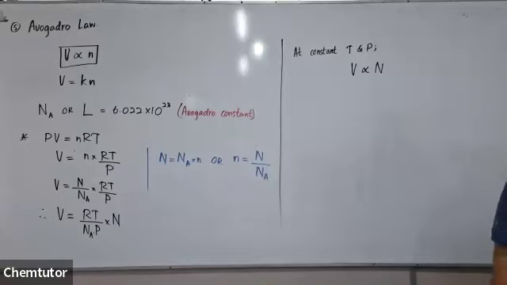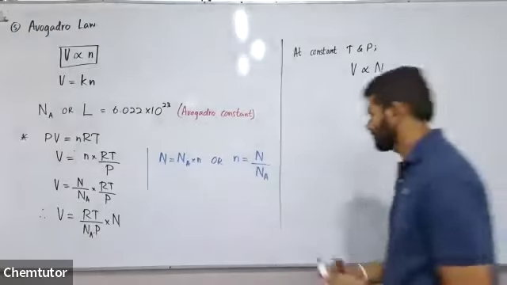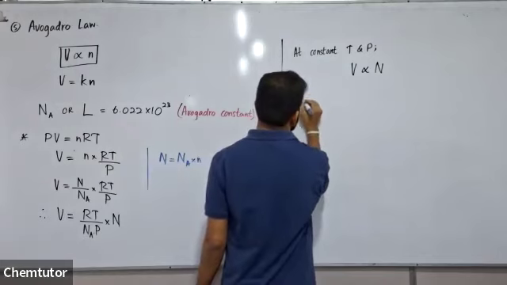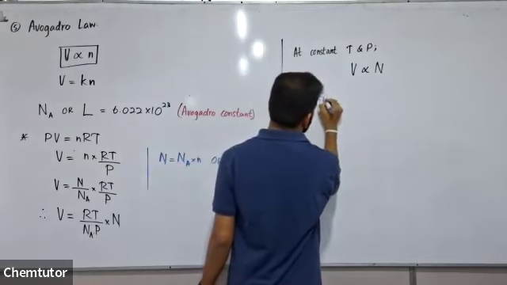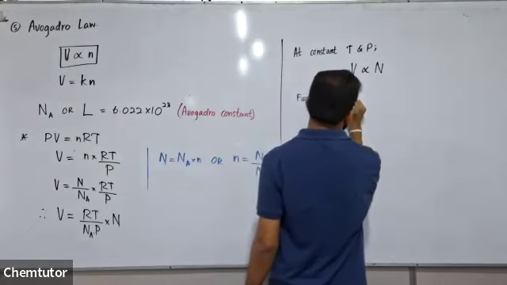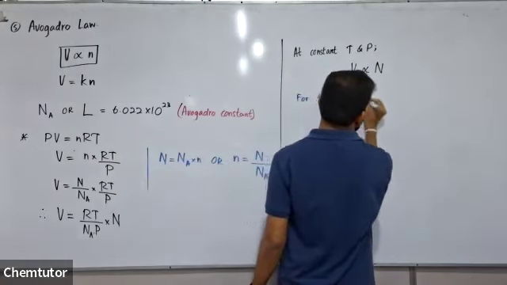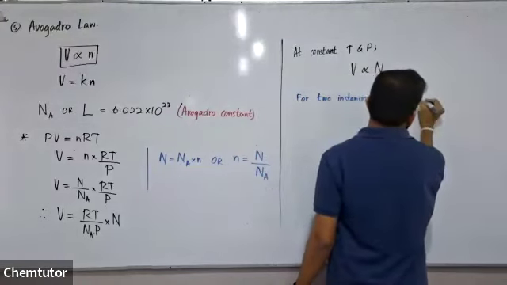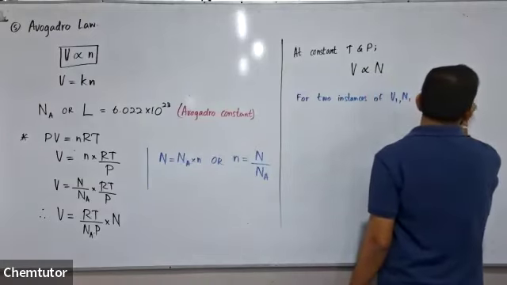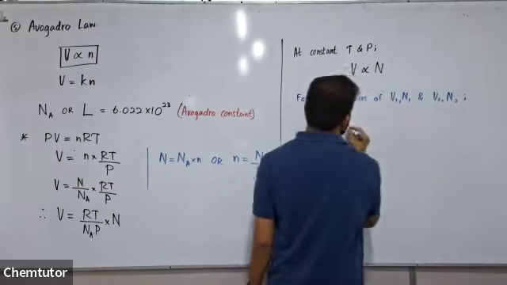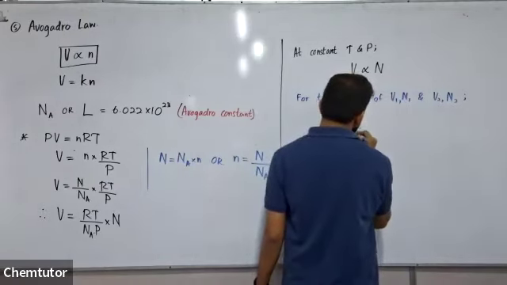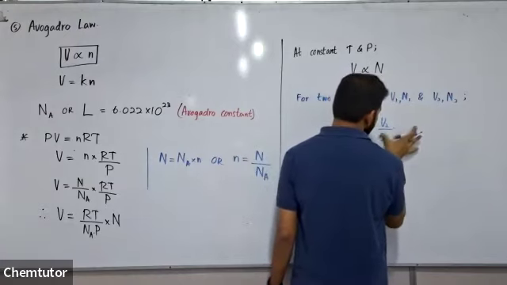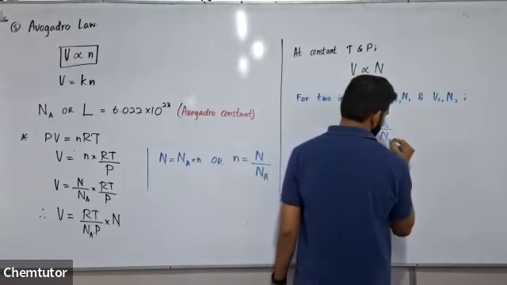Then for two instances, V1 N1 and V2 N2, we can say that V1 over N1 equals V2 over N2.